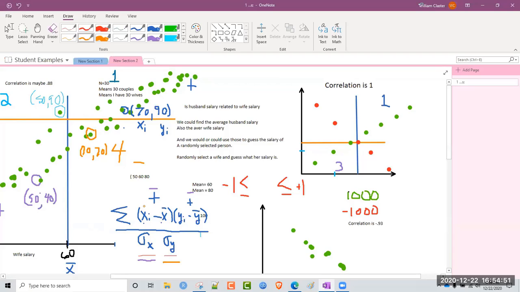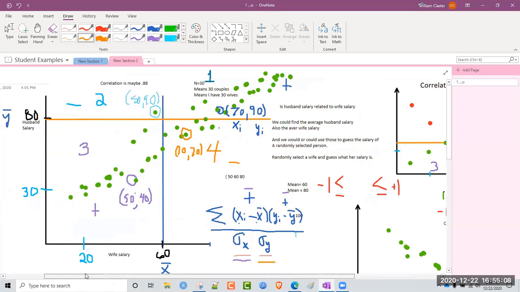And then what does this stand for? Standard deviation for y, and in this case, y is the husband's salary. We can also take all the husbands, ask them what their salaries are, put that into Excel, and calculate that standard deviation. So what am I saying?